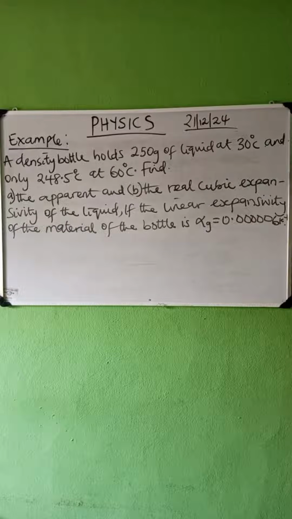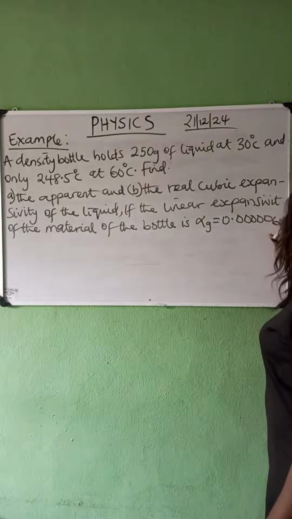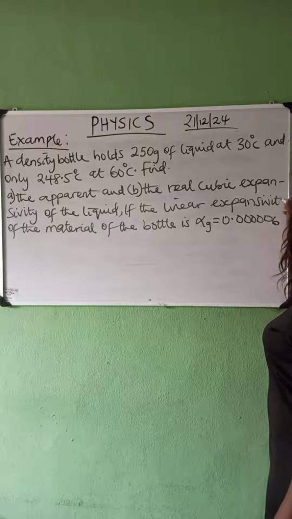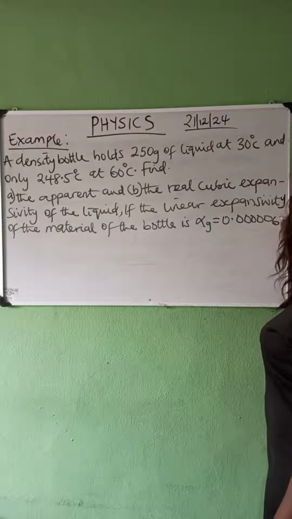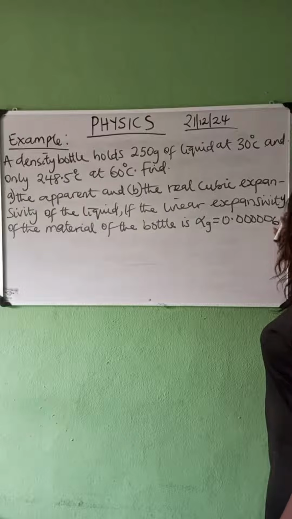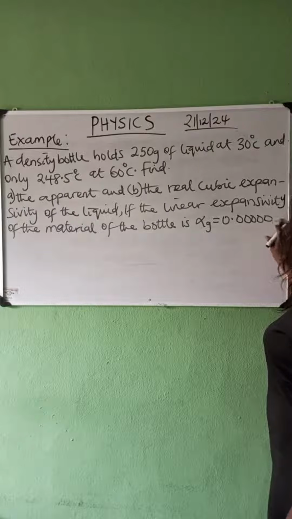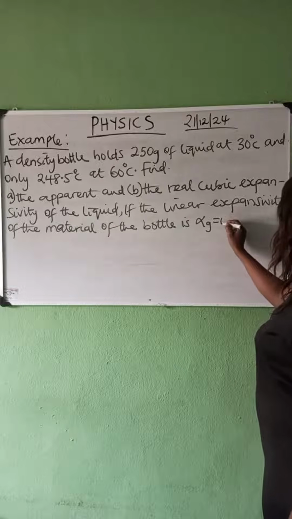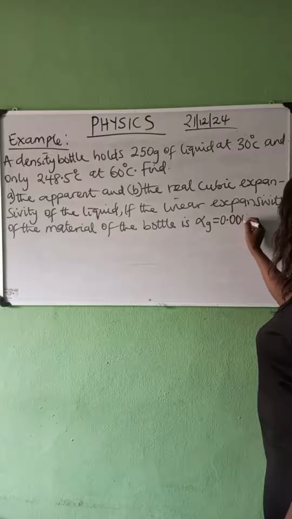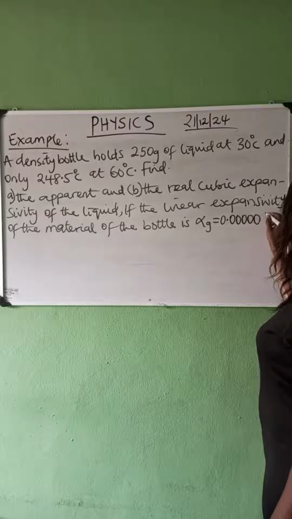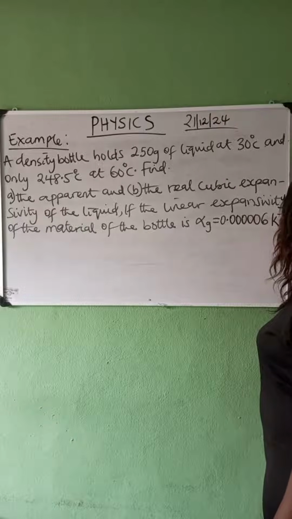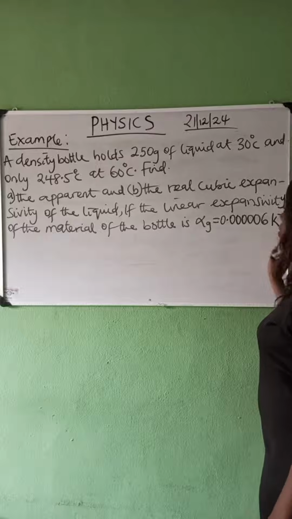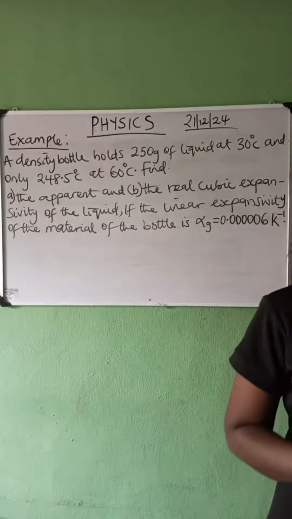The number close to 6, this is per Kelvin. This is per Kelvin, right?